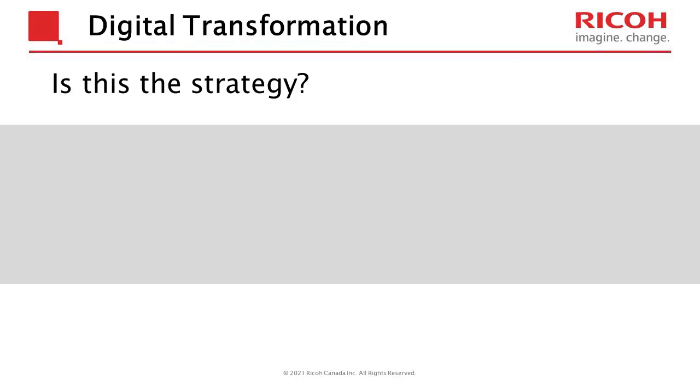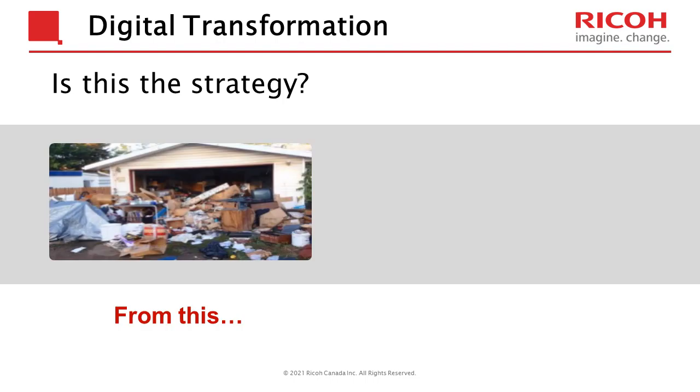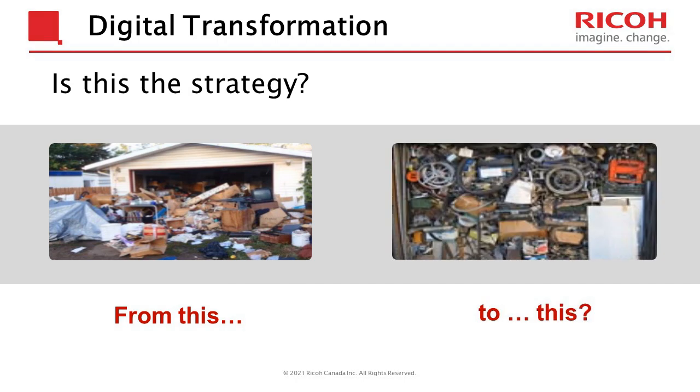So when we're looking at digital transformation, we have all of this information, all of these documents, all of these electronic files that we have in our organization. So is the strategy to take that information and just stuff it in a repository? Would that be our strategy? Actually, that's what we don't want.